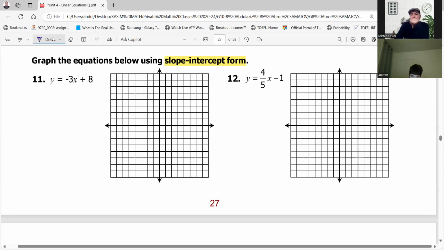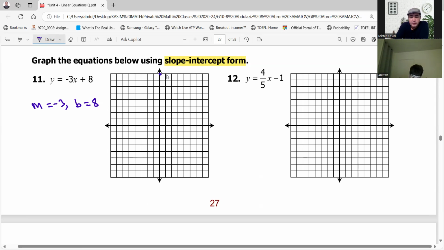Y equals -3x plus 8. No, what is the y-intercept? Slope is -3, right? Yes, -3. The y-intercept is 8, right? Okay, let's start with the y-intercept: 1, 2, 3, 4, 5, 6, 7, 8. That's the first point. And now -3 means -3 over 1, right?